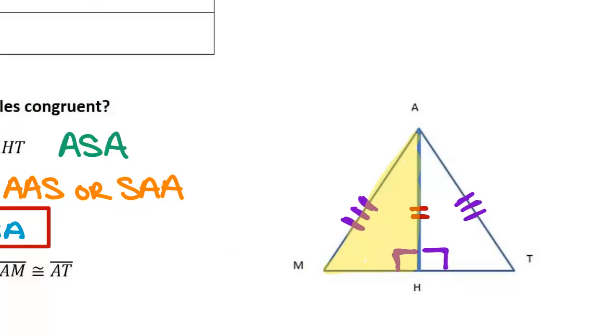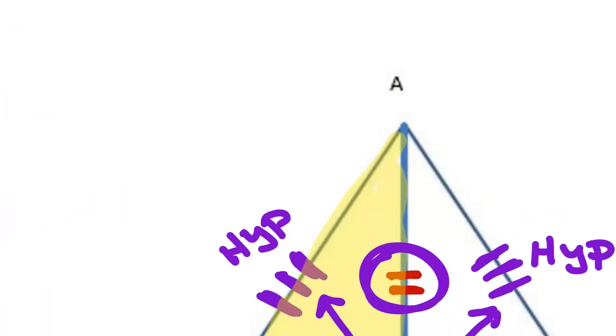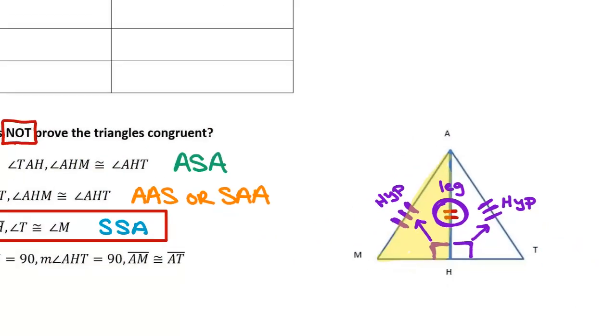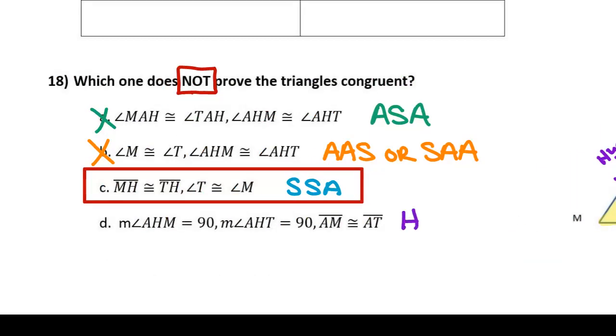All right. So opposite the right angle, that's what we call the hypotenuse. And that's what we have on both of these over here. And then the other side that's marked, this side right here, if it's not the hypotenuse on a right triangle, then we call it a leg. So we could use hypotenuse leg on this one.